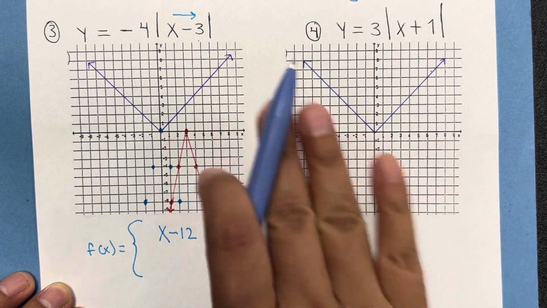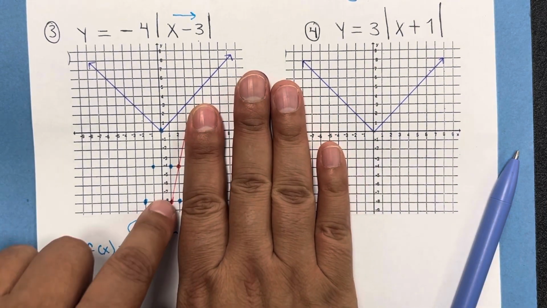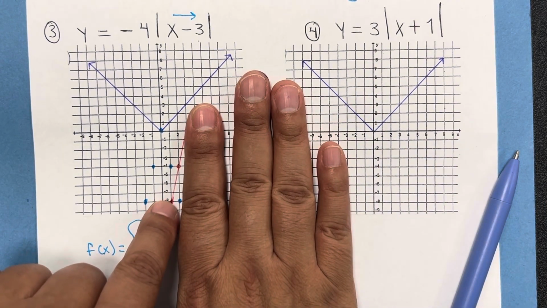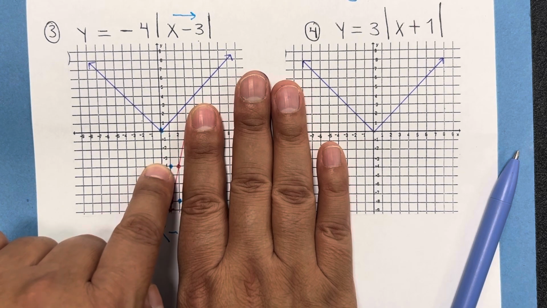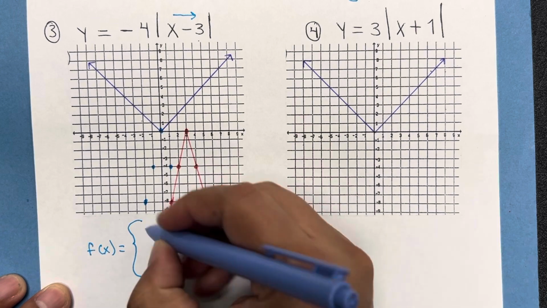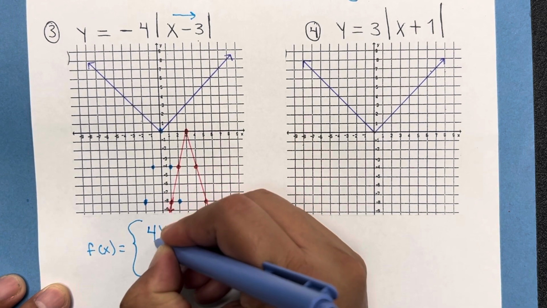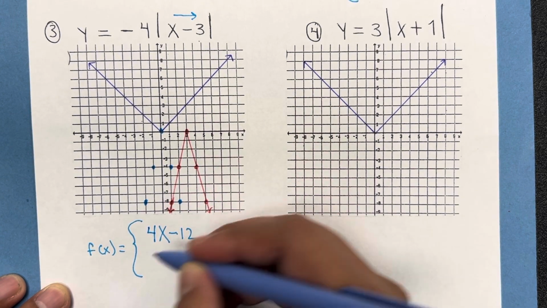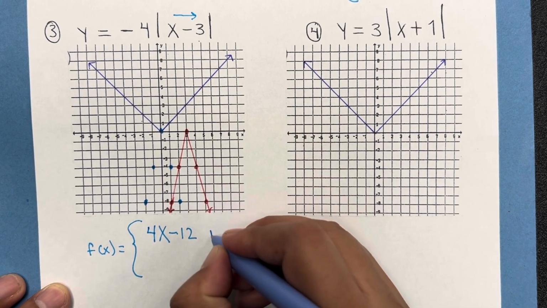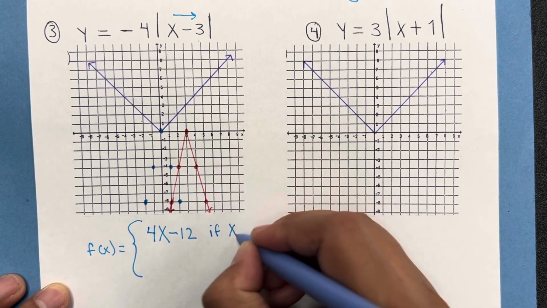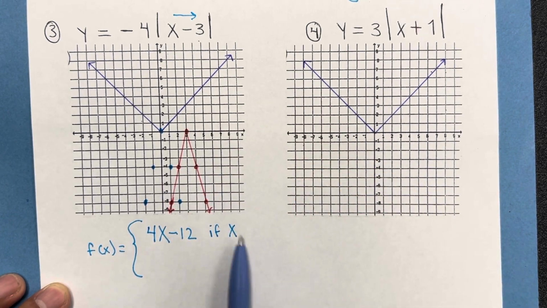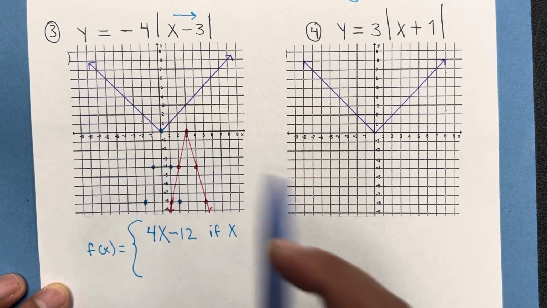For the slope, for this side, start counting from the point on the left. It goes up 4 spaces and 1 to the right. 4 over 1. It's positive because it goes up, but we don't need to put the 1 as denominator. For the constraint, what is the value of that point right there?